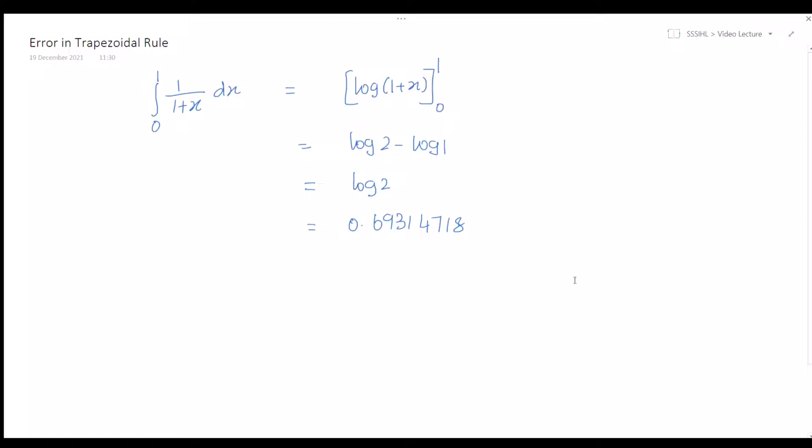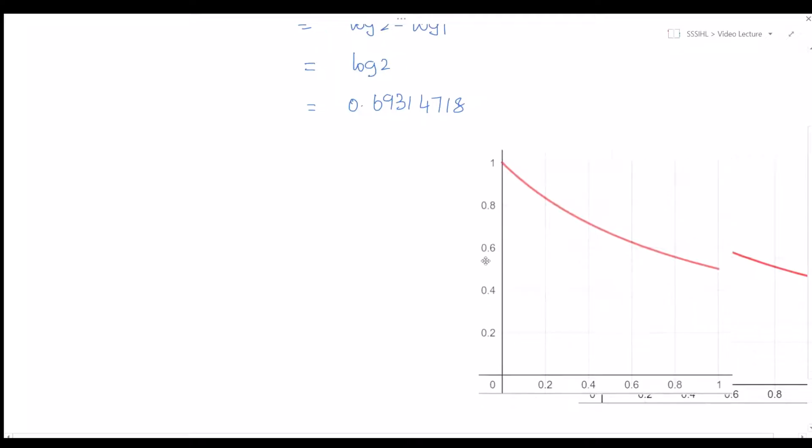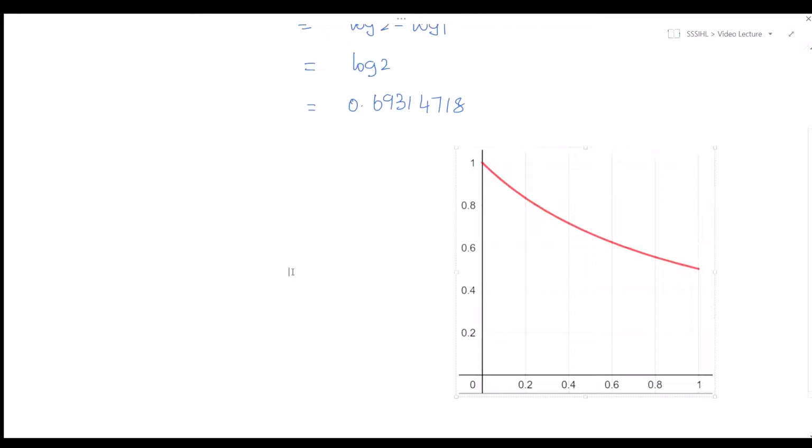Now let's try to evaluate by taking a single interval, and we know the graph of this function is going to be in this manner. We divide this as a single interval. This point is a and this is b, that is x0 to x1.